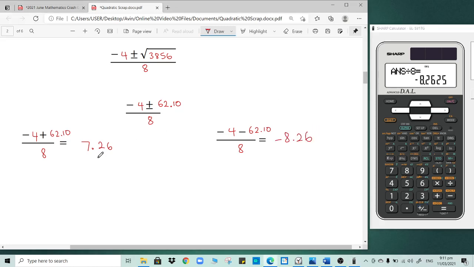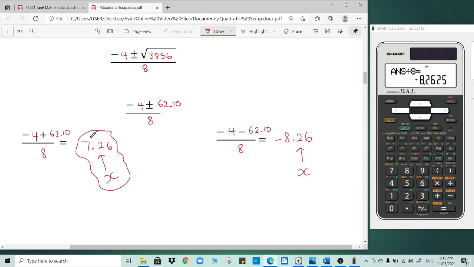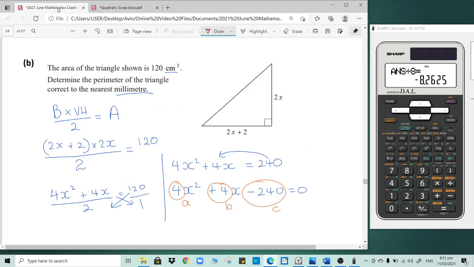Now, this is the value of x, and this is also the value of x. But once again, x is part of a length, so I really suggest we only take the positive value. So we're going to take this here, 7.26, as x. What we have to do now is, anywhere we see an x, replace it with the value we chose, 7.26.